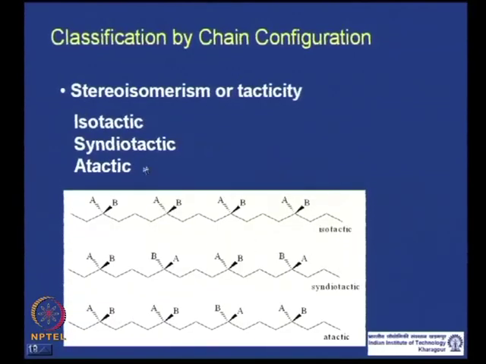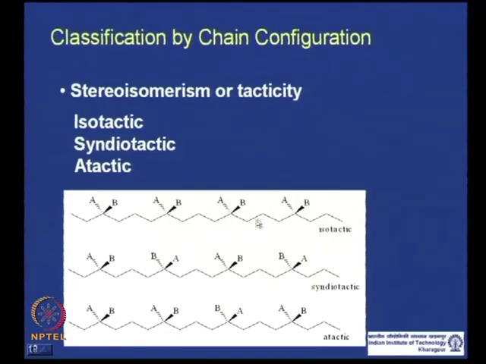You can have stereoisomers, which we call in polymer terms different tacticity. If in this case the chiral centers have similar geometries, all these monomers are linked with the same stereochemistry, then we call this isotactic.